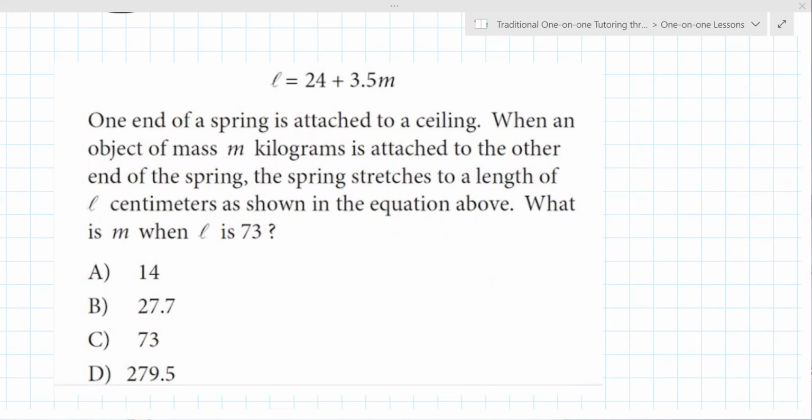What is M when L is 73? ...5, bring over 4... .49 equals 3.